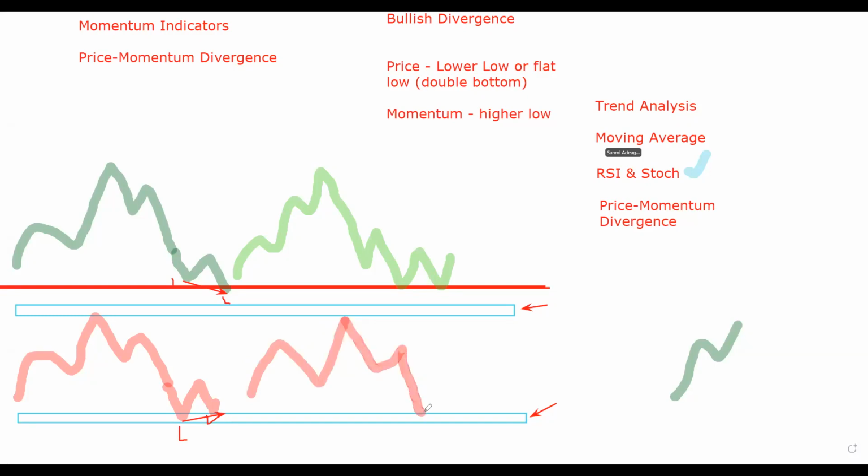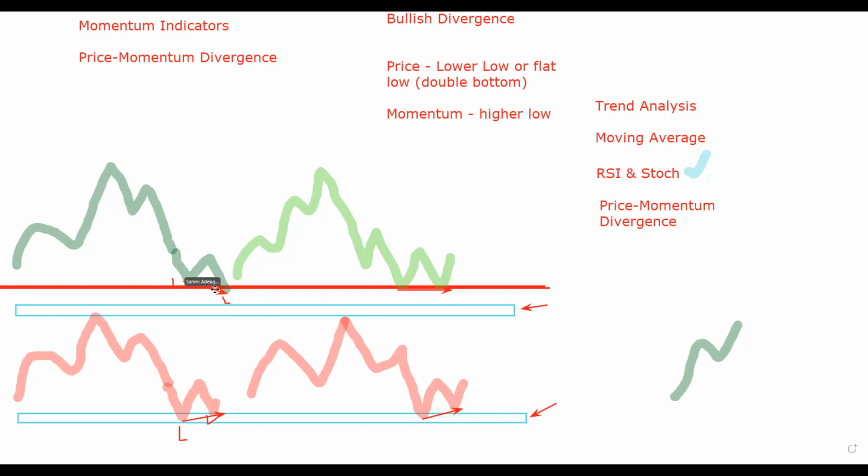A higher low like this. Okay, so in this case, we have a flat low here, and then we have this one, a higher low. Okay, flat low and a higher low.